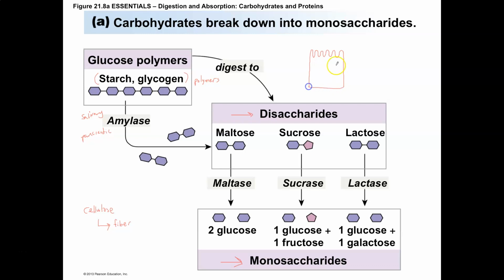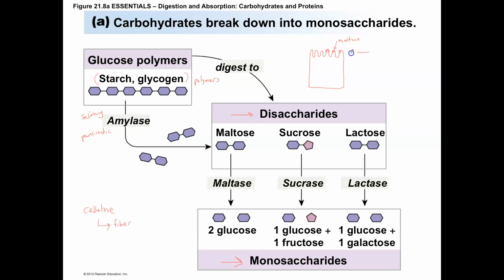So if this is an epithelial cell, you're going to have enzymes that are embedded in the plasma membrane. So if we have the maltase enzyme, we're going to have enzymes embedded in the plasma membrane of the epithelial cells, and those enzymes then are going to be able to break down further the disaccharides that have entered into the duodenum.